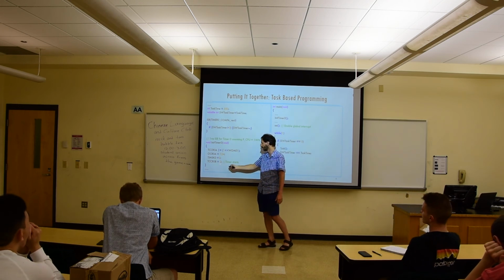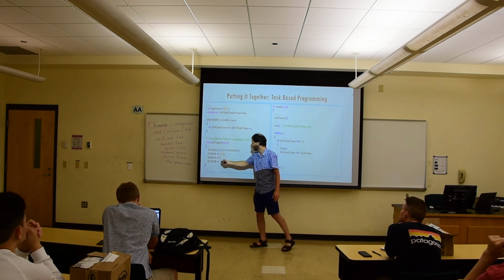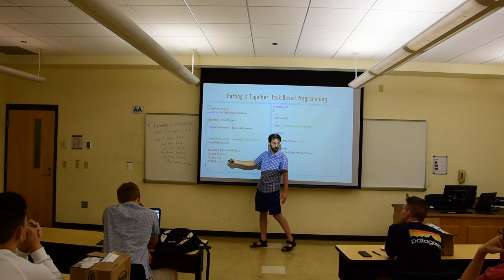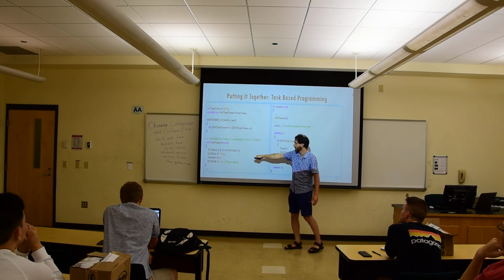We can do 64, we can do other numbers. And then we also want to enable the interrupt that will call this particular interrupt service routine. So this is our initialization procedure.